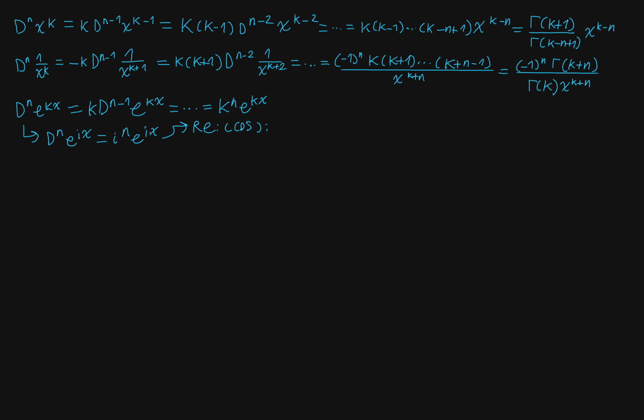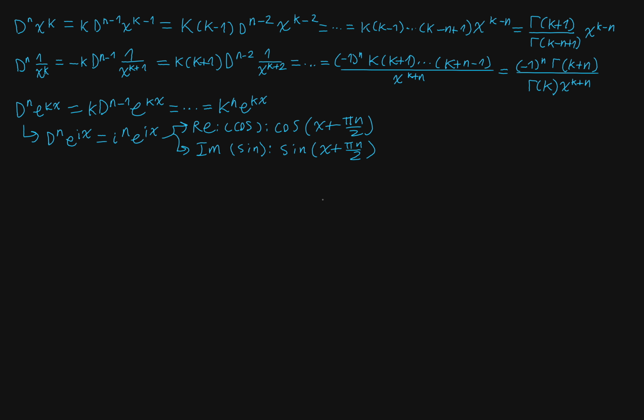So if we write this all in one power, we're going to get e to the ix plus i pi n over 2, taking out the i. So we're going to get cosine of x plus pi n over 2. And similarly for the imaginary part, for sine, this is going to be sine of x plus pi n over 2.